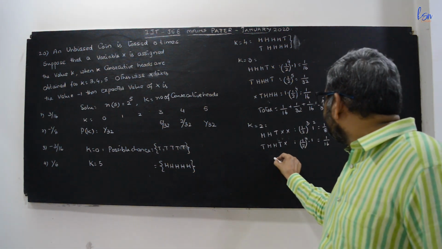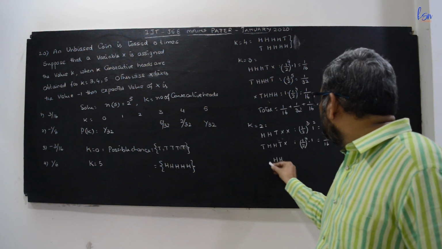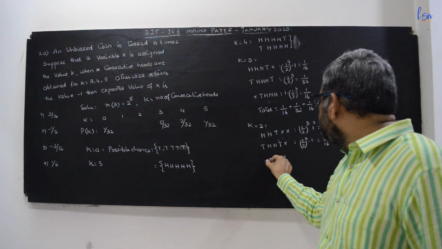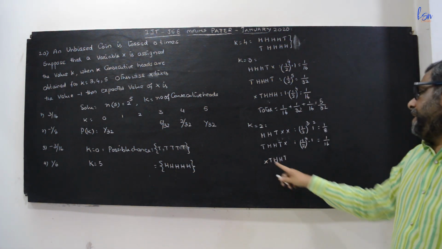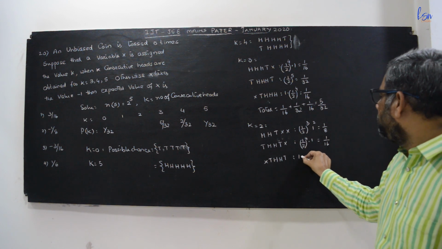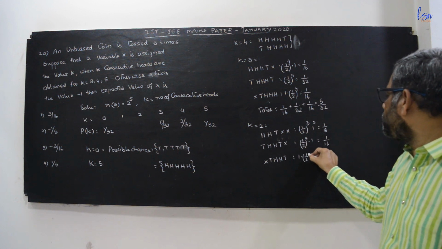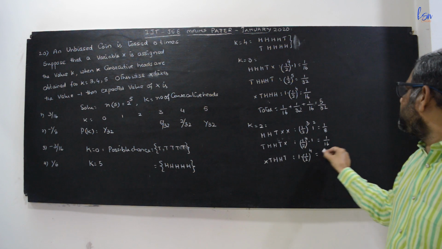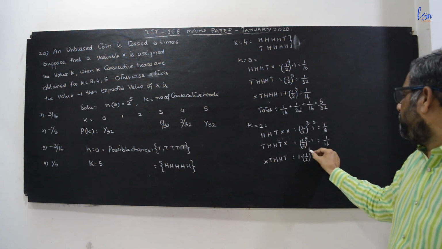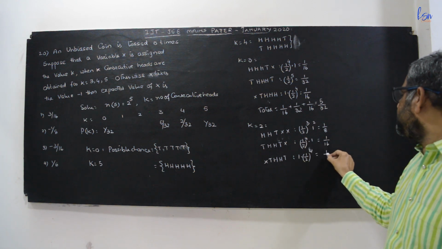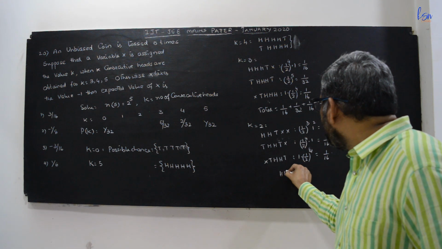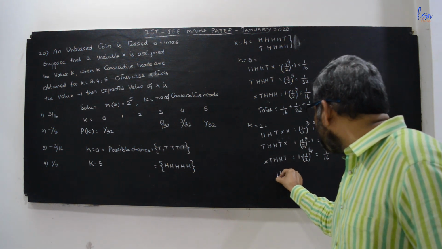Next, if heads are in the middle, the positions around must be tails, and the others can be a tail or a head. So this is 1 into 1 by 2 whole to the power of 4, which is 1 by 16.